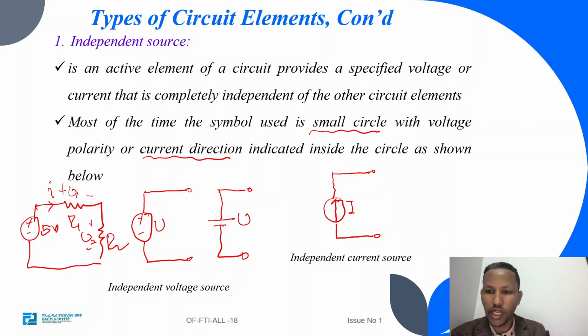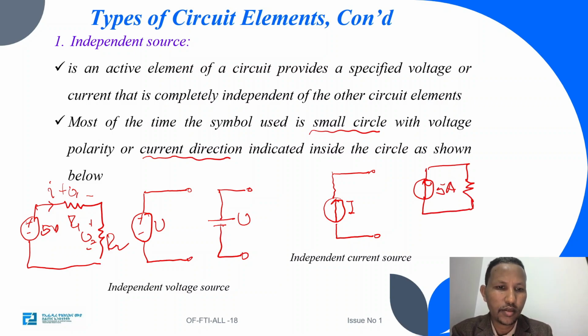Similarly, consider this 5 ampere current source. This is R1, this is R2, this is I2, and this is I1.